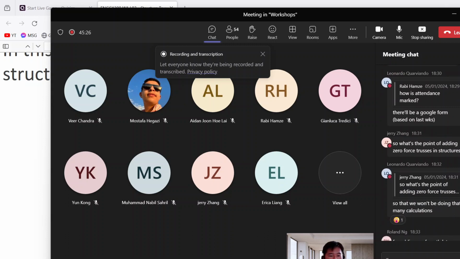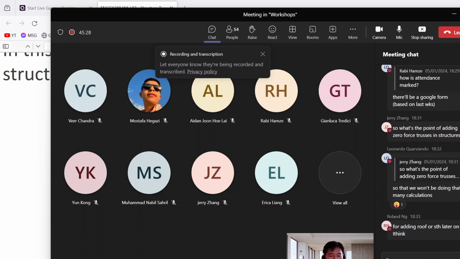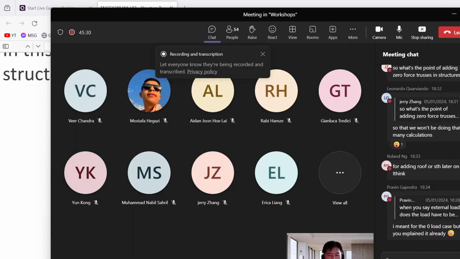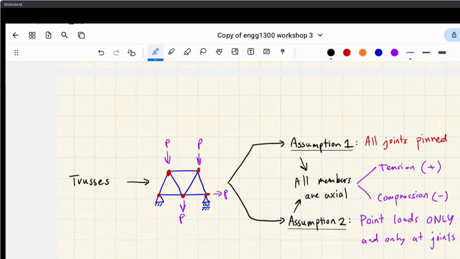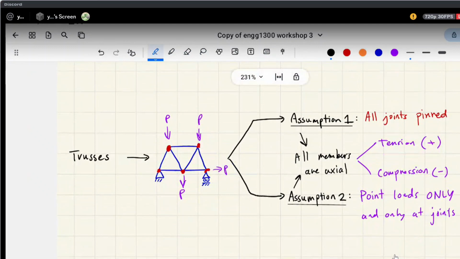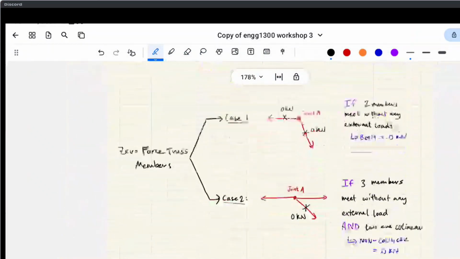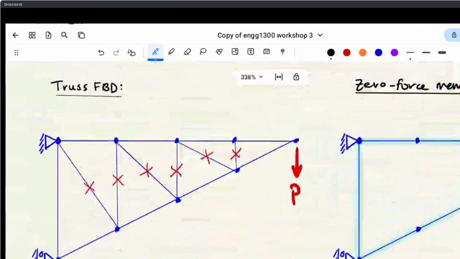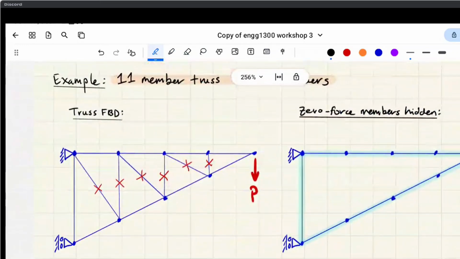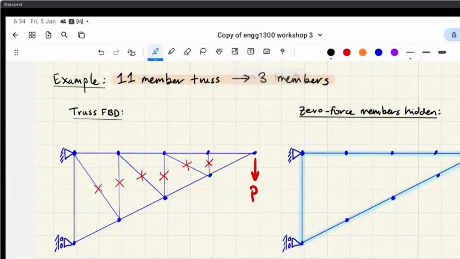What's the point of adding zero force members in structures? Oh, that's a good question. So let me show you. Like this one, for example. Like I've said, I've hidden it. I haven't deleted these members. But there's a couple of reasons.